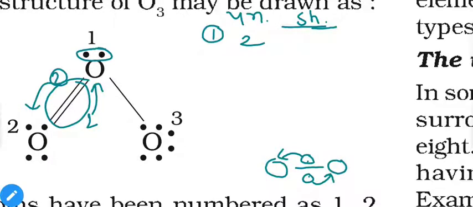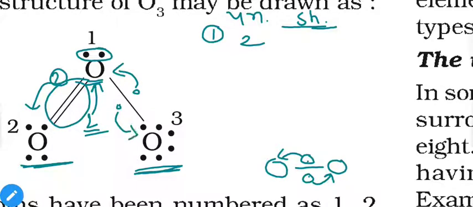Then for the third oxygen, we have a single bond, so only 2 electrons will be used, one belonging to the first oxygen and one to the third oxygen. So how many shared electrons do we have? We have a total of 6 shared electrons, and out of 6, 3 belong to our first atom.